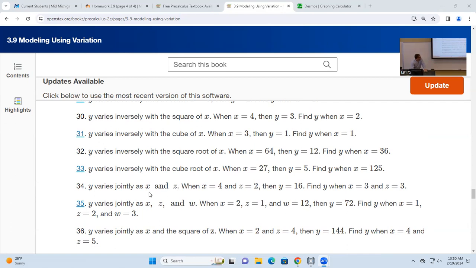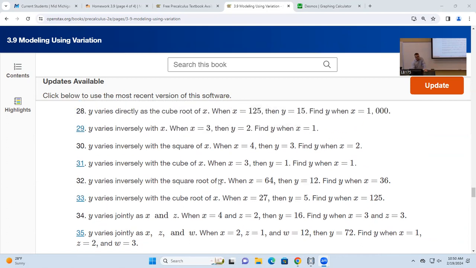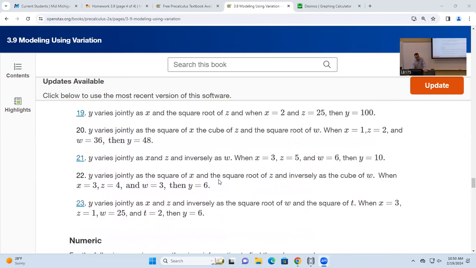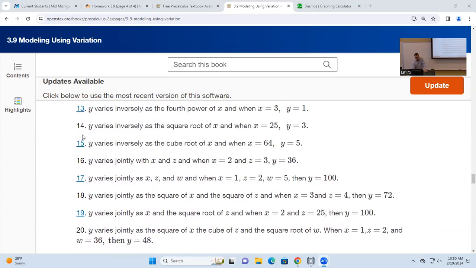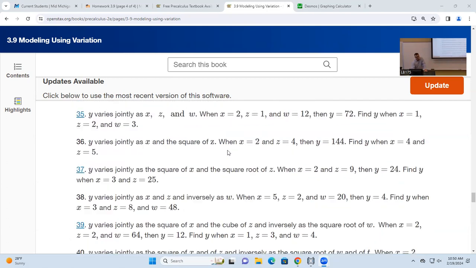Y varies jointly with x and z. When x is 4 and z is 2, then y is 16. Find y when x is 3. And it's the same type of stuff we were just doing, right? So most of the first few are exactly what I just did.